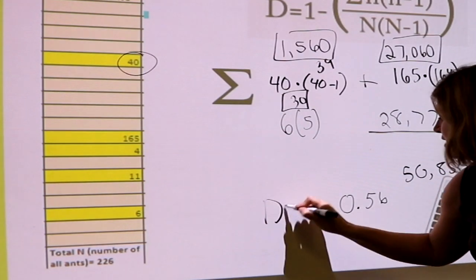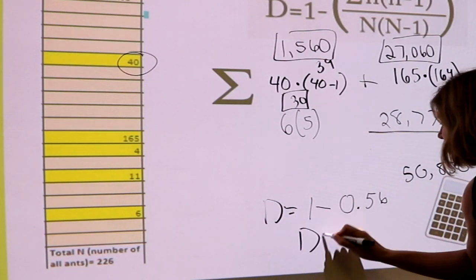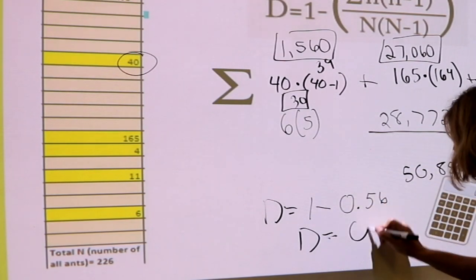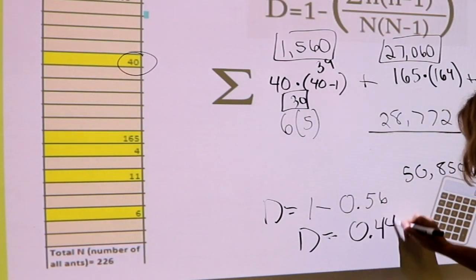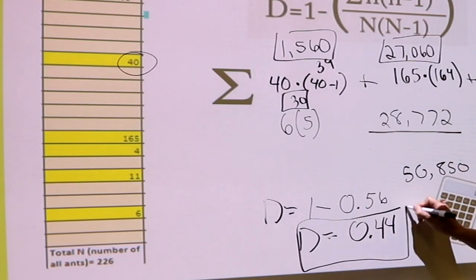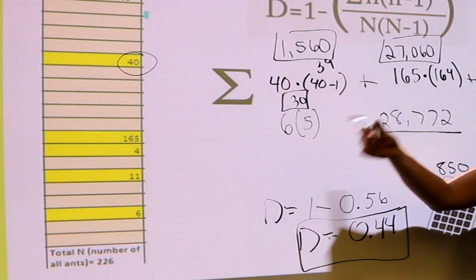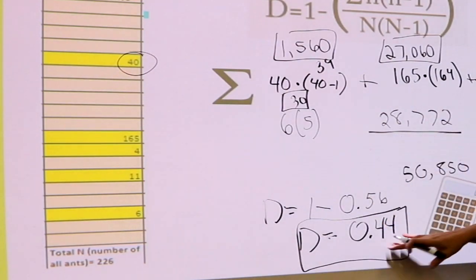That's going to be equal to D, our diversity index. That gives us a diversity index of 0.44 for our final answer. And remember that this was for medium disturbance.